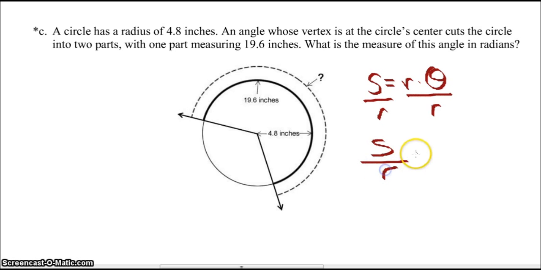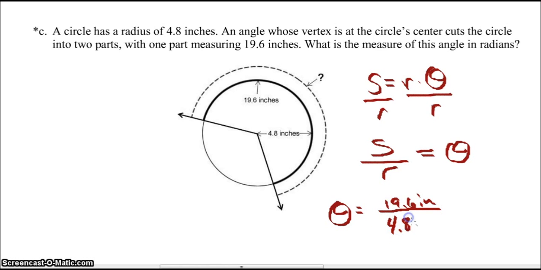We have s over r equals theta. Just substitute some numbers here. The arc length is 19.6 inches, and the radius is 4.8 inches. And that's about 4.0833 radians.